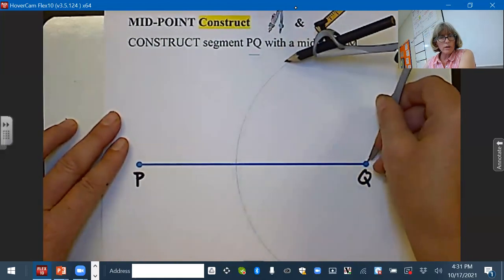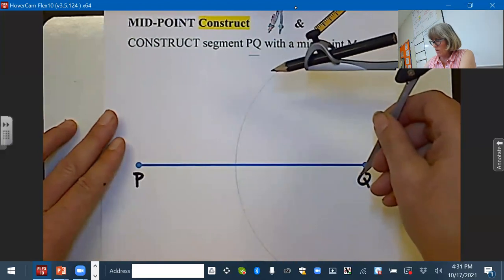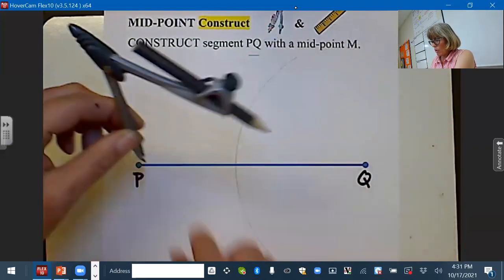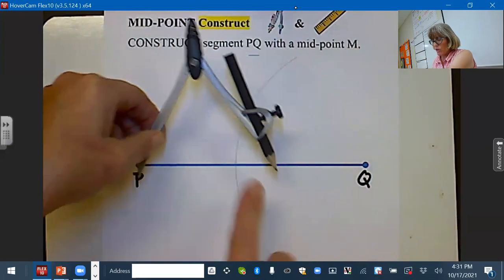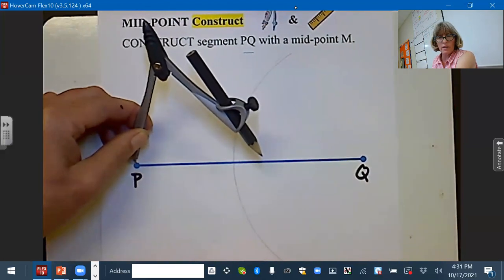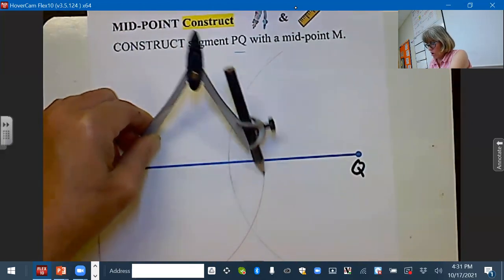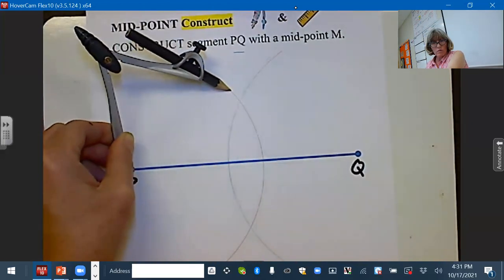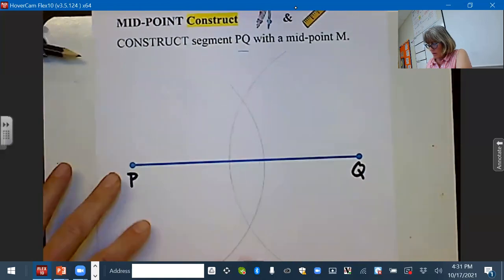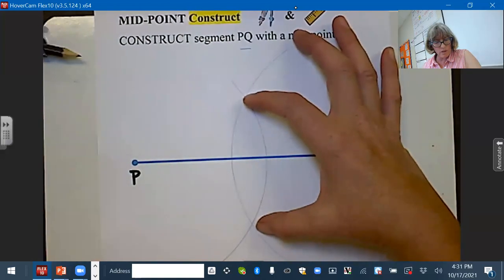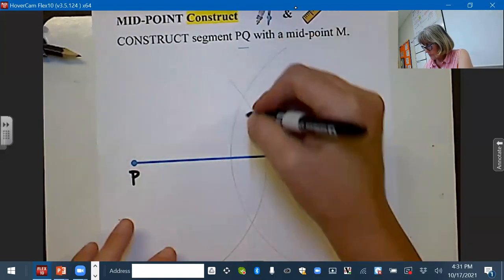Large sweeping arc. Then you go to the other side without changing that compass distance. Plant it at the other endpoint. Large sweeping arc. You have 2 points of intersection here.